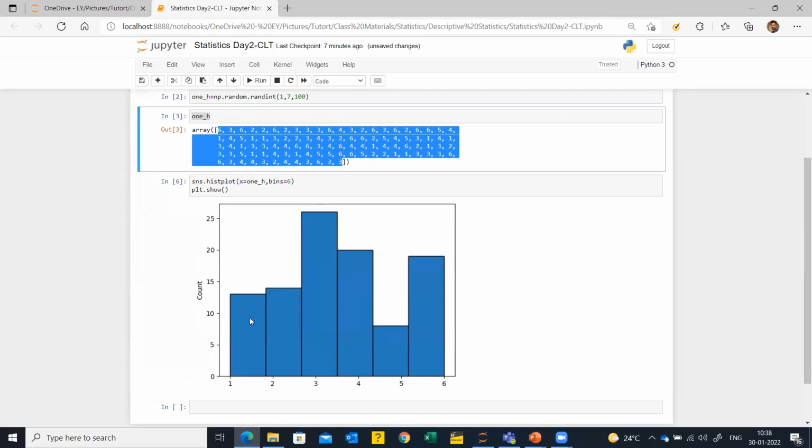So it has created ones, which is somewhere around 13, and 2, which is somewhere around 14, and 3, it's somewhere close to 27, and 4, which is somewhere around 20, 5, which is somewhere around 7, and 6, which is somewhere around 18. Okay, so all total number of counts is 100. Any question till now?